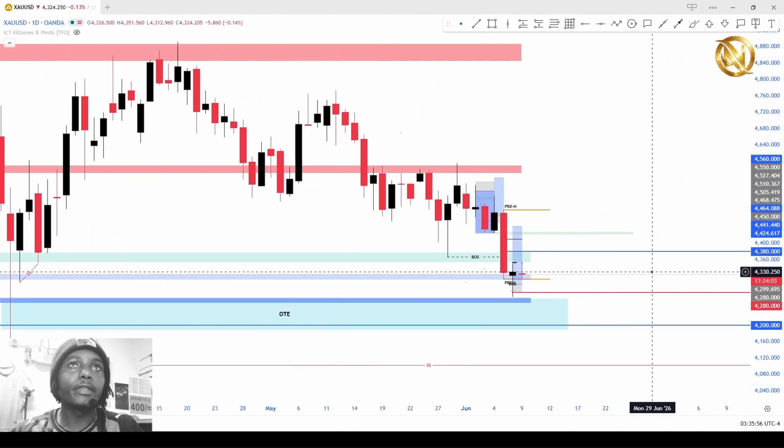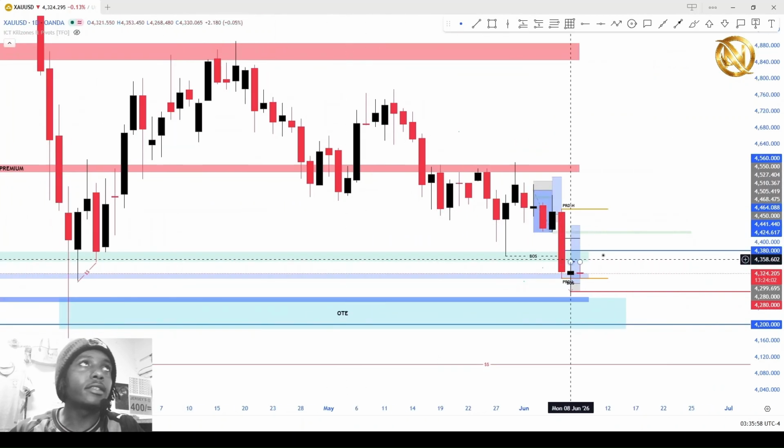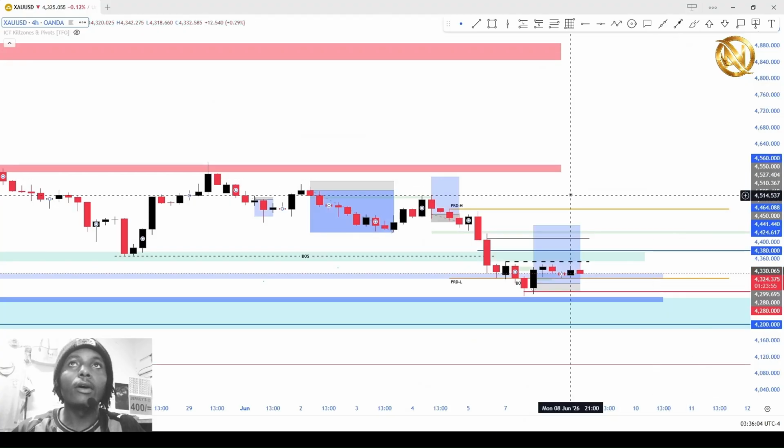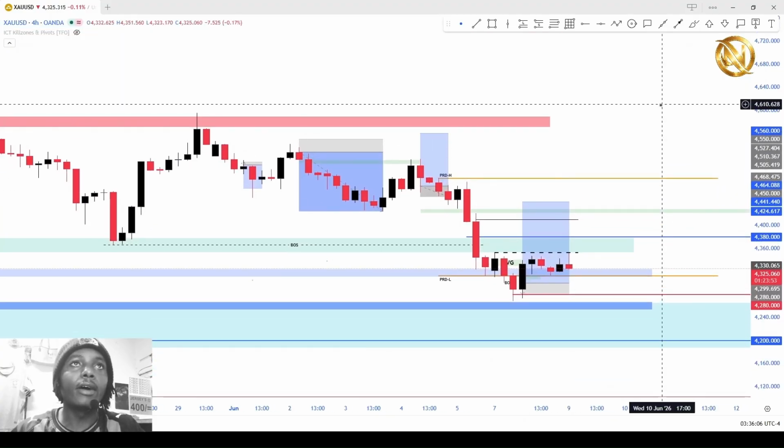After sweeping the liquidity, I scaled down to the 4-hour time frame. On the 4-hour, the work was just to observe, nothing more.